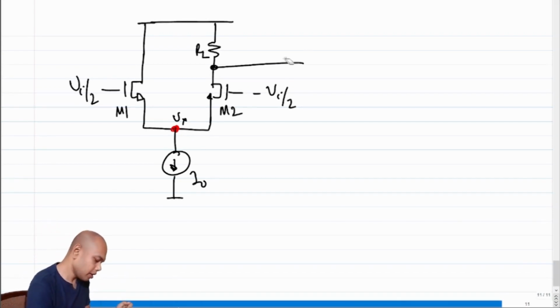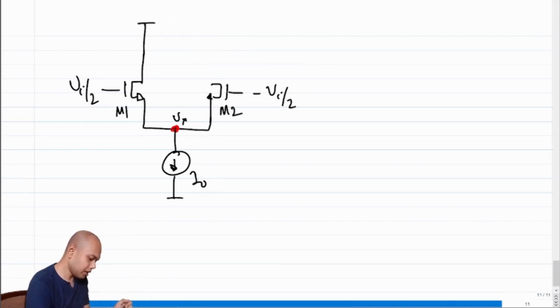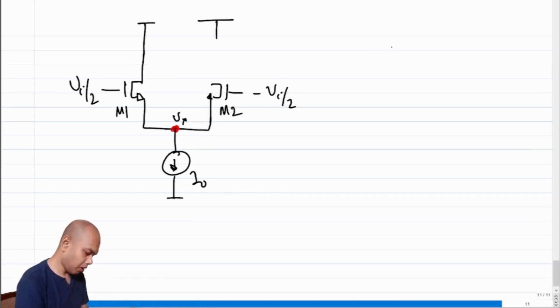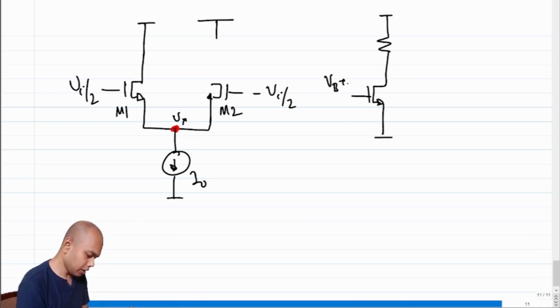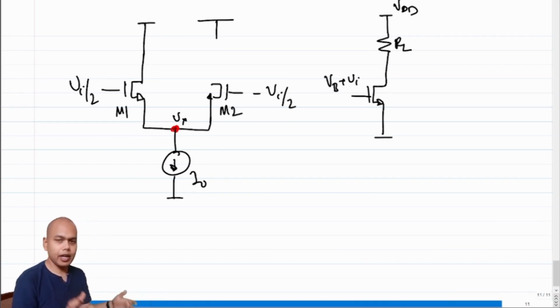Okay, fine. So we would like to replace this RL with a... so, a quick recap. The problem that we are trying to address is, this was a common source amplifier that we had seen earlier, right? So VB plus Vi. The problem with this structure was we could get limited gain with a finite VDD because the transistor would have gotten into linear region.